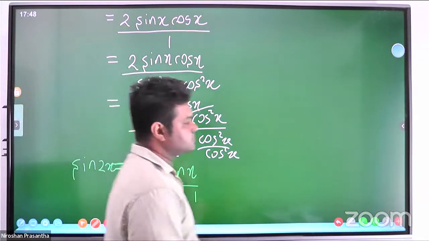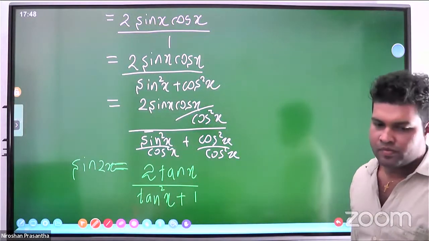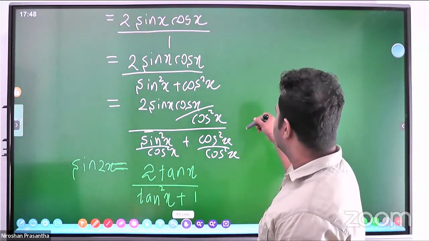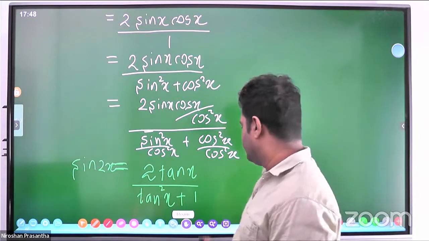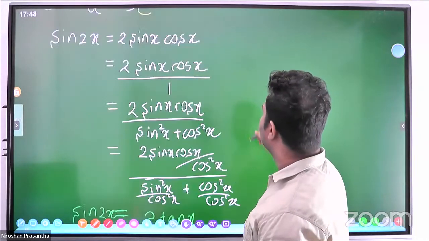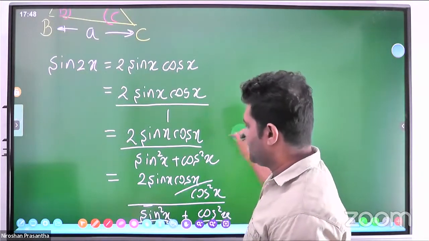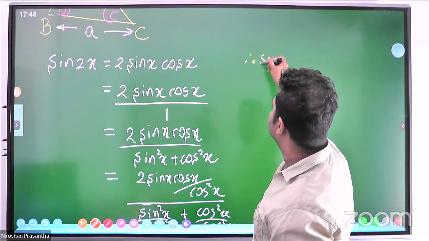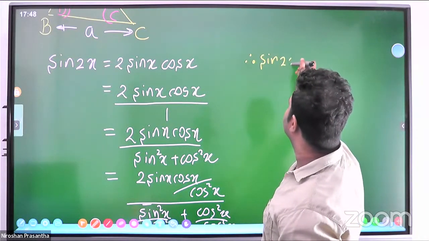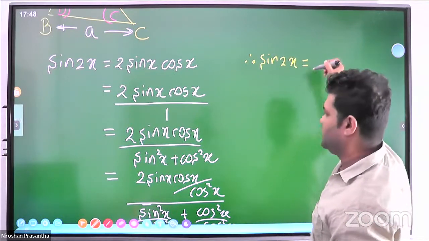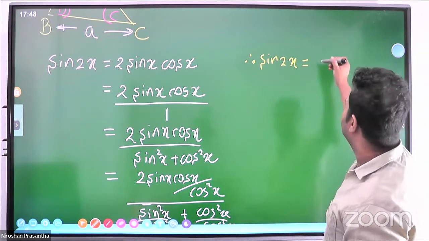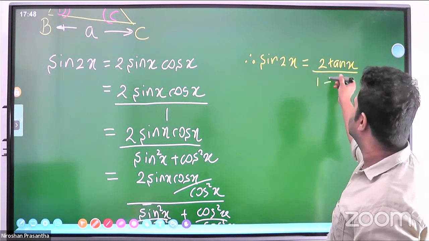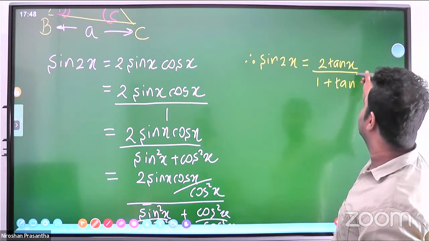So sine 2x equals 2 tan x over 1 plus tan square x.